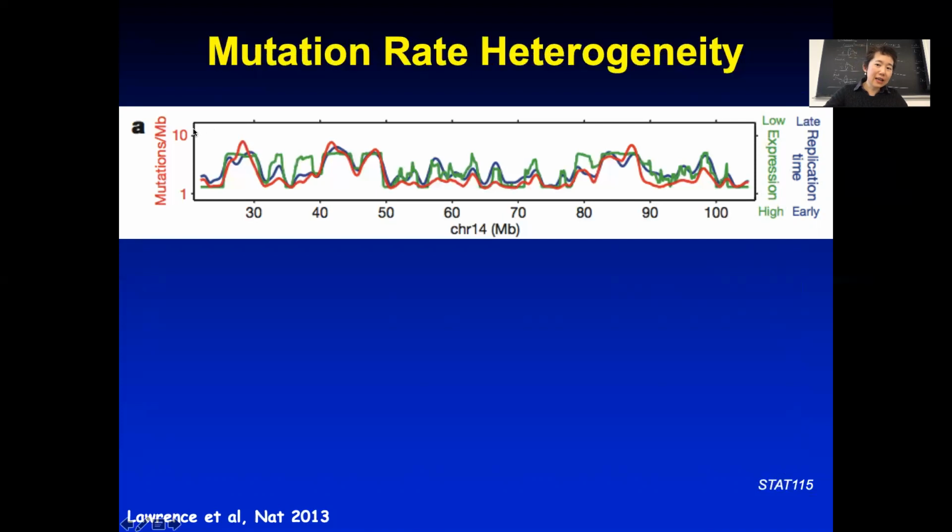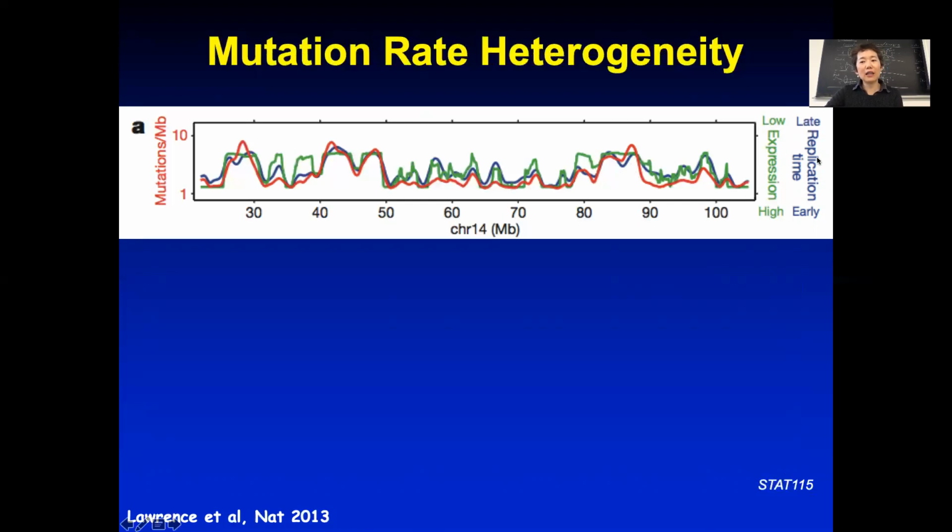On the left side, high is high mutation, but on this side, bottom is high expression, top is low expression. You can see here, the regions that have high gene expression have overall less mutation, whereas the regions that have low gene expression have high mutation.